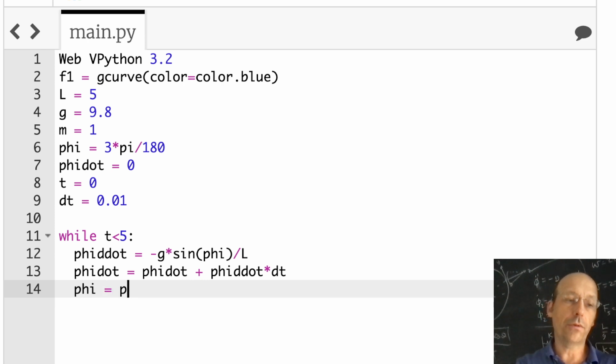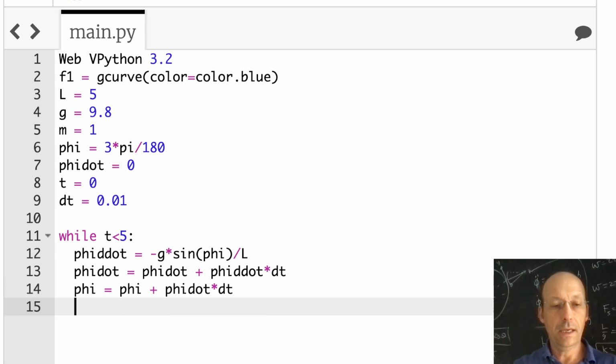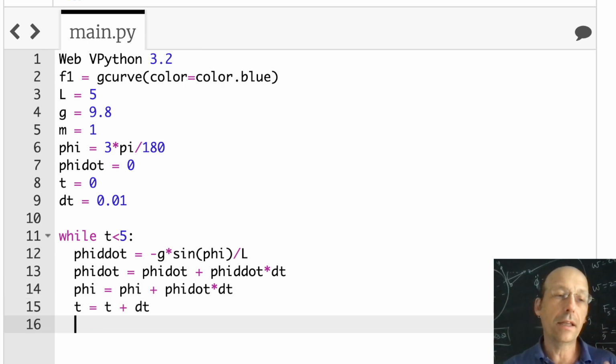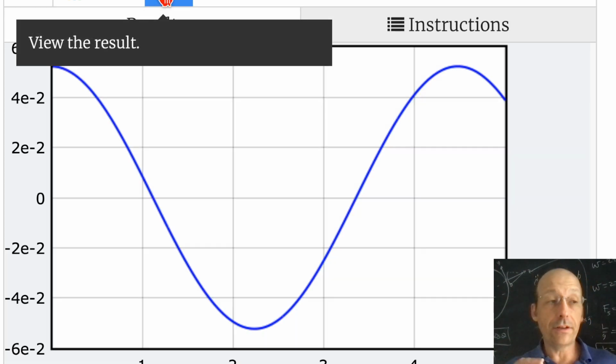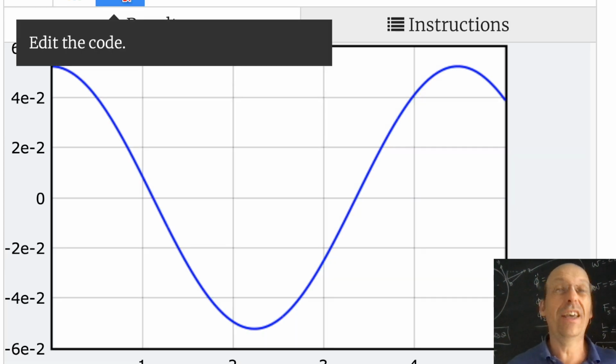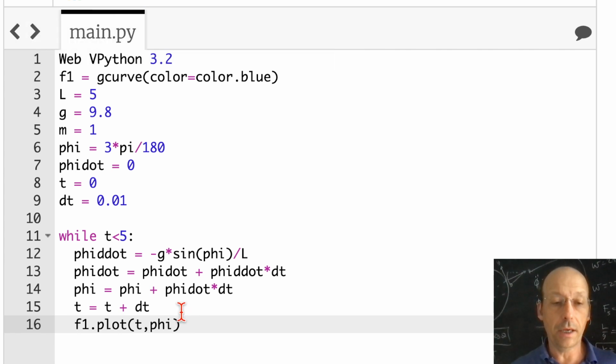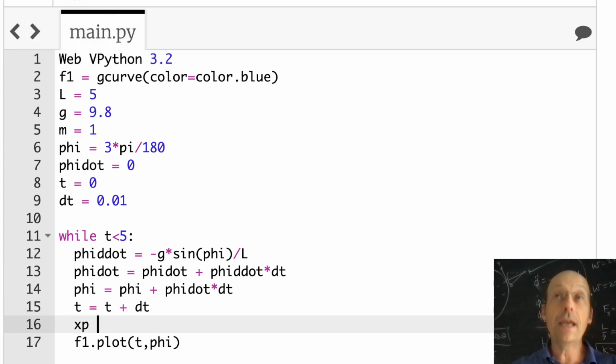And then phi equals phi plus phi dot times dt. And then t equals t plus dt. I'm going to go ahead and plot, and again, I didn't label anything just because I don't really care. F1.plot t and phi, just so we can see that it's kind of working, and then we'll plot x. Okay, that's fine. So now I'm going to plot this as x, because that way I can correlate it to the other way. So let's call this xp, the pendulum plot.